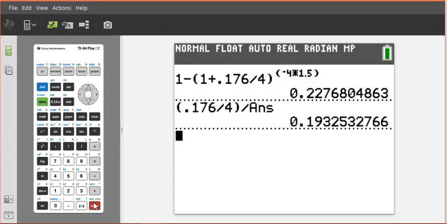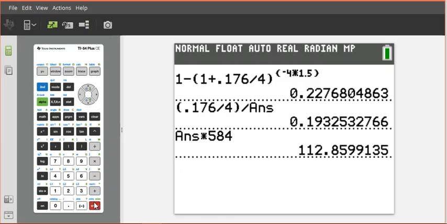Now we take this and multiply by our debt, which is the purchase price, 584. And there we go. This is our quarterly payment to pay off this loan for the washing machine.